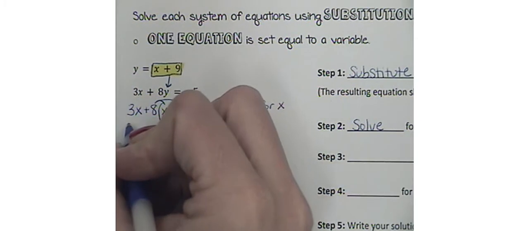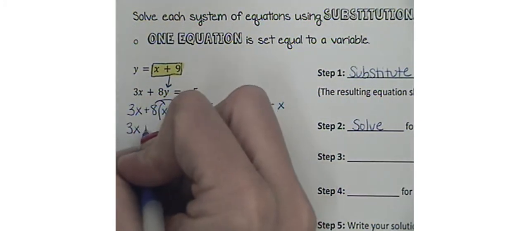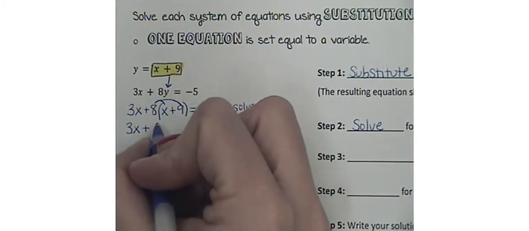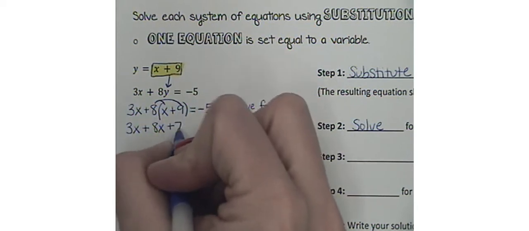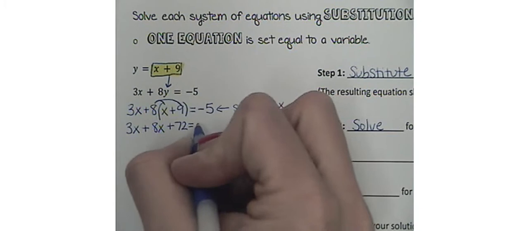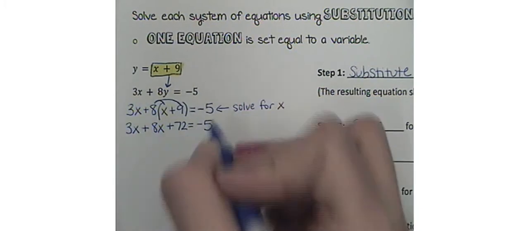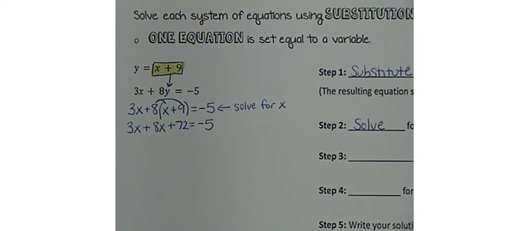So leave your 3x alone out in front, plus 8 times x, 8 times 9 equals negative 5. Now I have like terms here.